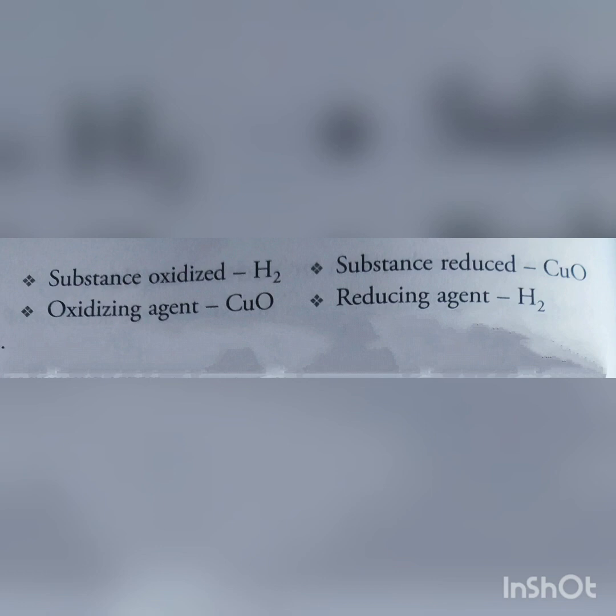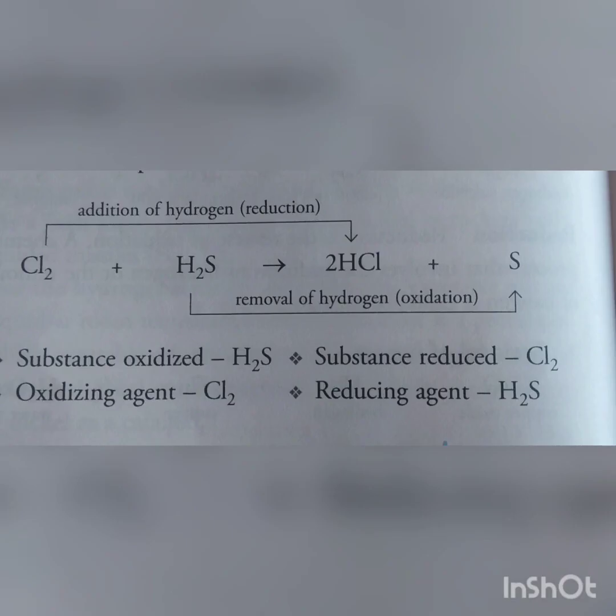So here the oxidizing agent is copper oxide and the reducing agent is hydrogen. So the substance that aids in oxidation is known as oxidizing agent, and the substance that aids in reduction is known as reducing agent. Let's see another example of a redox reaction.